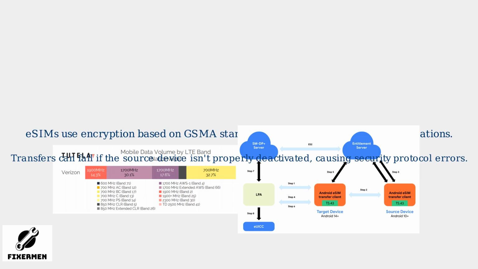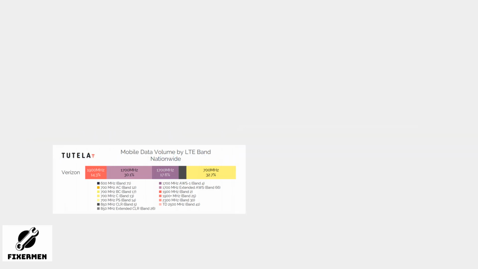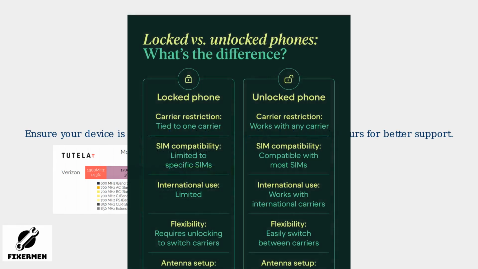However, transfers can still fail if the source device isn't properly deactivated beforehand. This leads to security protocol errors that prevent the new eSIM profile from activating correctly. To improve success rates, make sure your device is unlocked and not tied to another carrier. Initiating transfers during peak hours also helps, as this ensures better availability of Verizon's support systems.